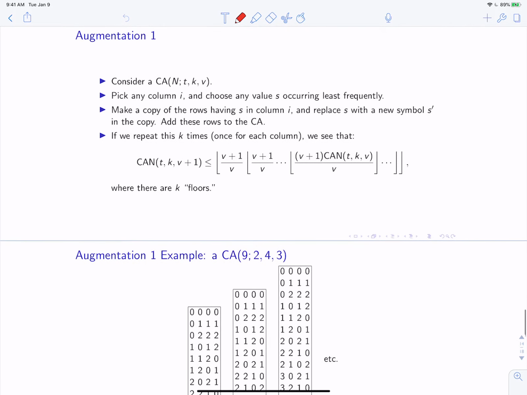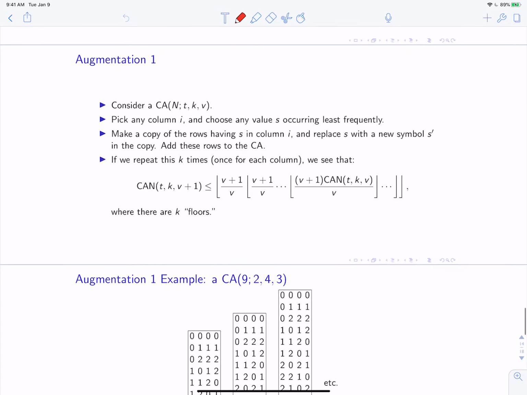So augmentation is basically the opposite of fusion, where we removed a symbol. Here we're adding a symbol. The basic idea is that you work one column at a time, and you add a number of rows with a new symbol in that one column only, with the rest of the entries copied from earlier rows.